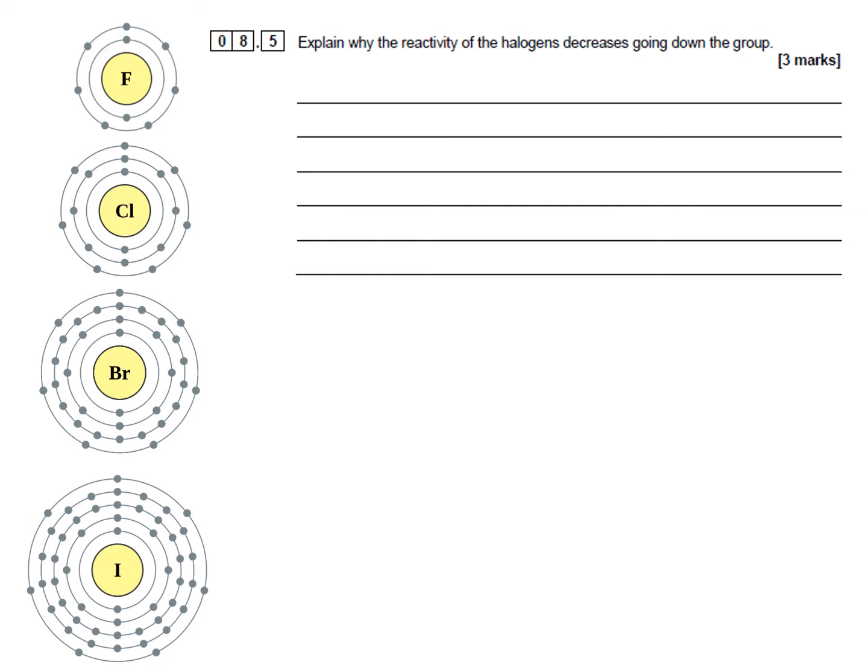What is it that pulls in that outer electron? It's going to be the attraction between the outer electron and the positive nucleus. So the further away the outer shell is from the nucleus, the weaker that pull is going to be, and the greater number of shells between the nucleus and our outer shell, that's going to shield the positive nuclear charge from the outermost electron, and again it's going to weaken that force of attraction.